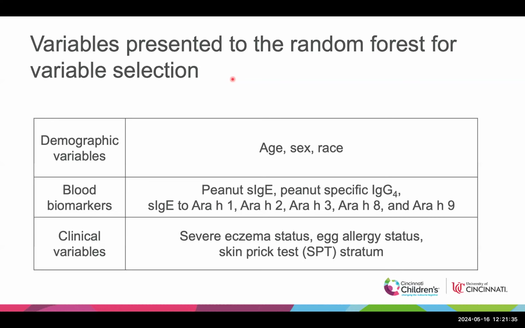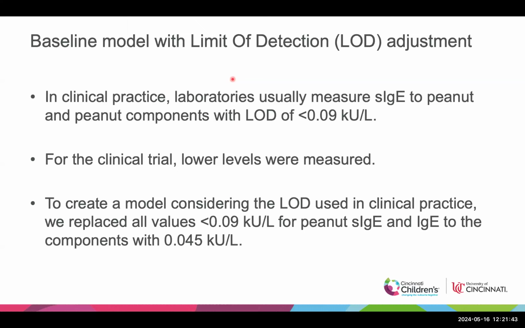Clinical variables: we use severe eczema status, allergy status, and skin prick test stratum as input. Previously, I mentioned the limit of detection adjustment that we did for our base model. This comes from the fact that in clinical practice, laboratories often use a lower limit of detection of 0.09 for specific IgE measurements of peanut and the peanut components.